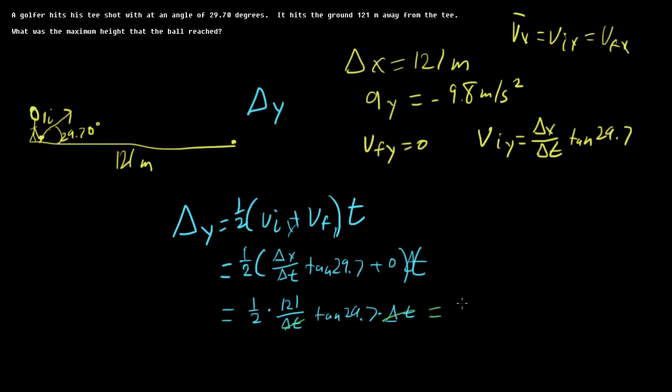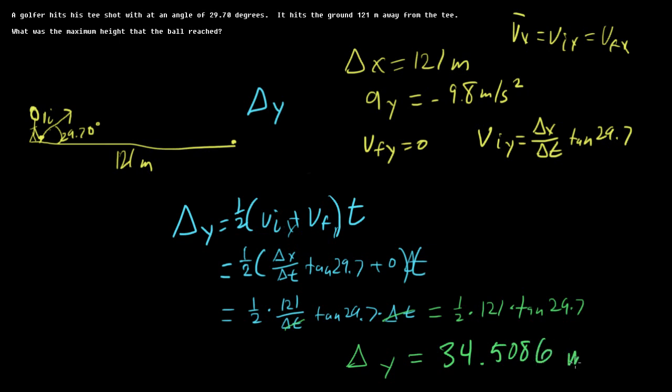So we get that delta y equals 1/2 times 121 times tangent of 29.7. So delta y is just that: 1/2 times 121 times tangent of 29.7, about 34.5086 meters.